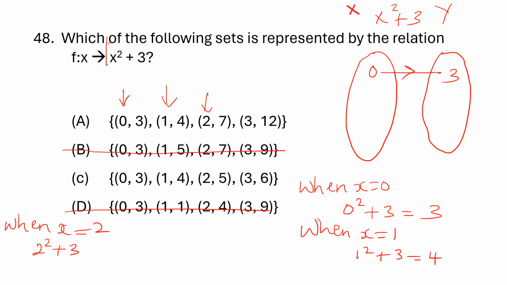Remember, we're using x squared, so we're squaring the x value, then adding 3. So that'll be 4 plus 3 is 7. So that gives the answer as being A. It can't be C, because when we substitute 2, we're getting 5, and that's incorrect. So the answer is A.